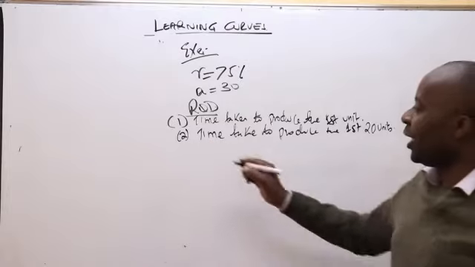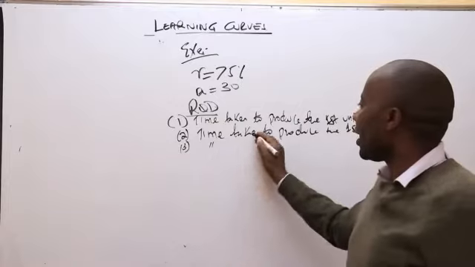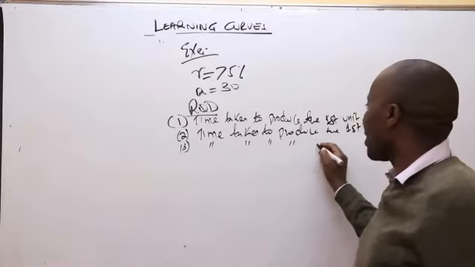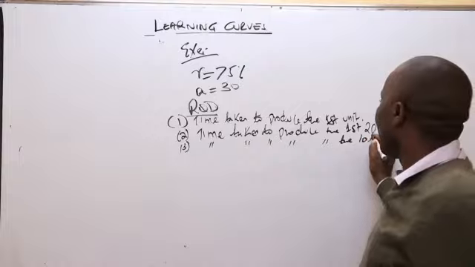And then number 3, the time taken to produce the 10th unit.